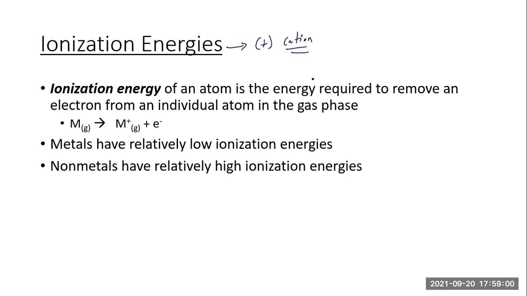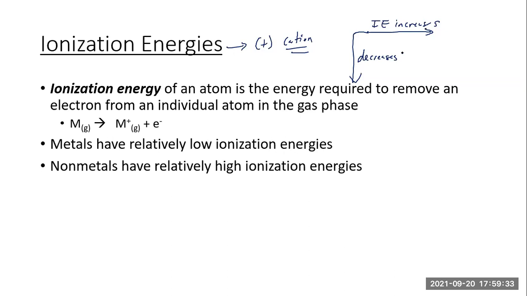As you go up and right on the periodic table, the ionization energy increases. As you go down and left, it decreases. That means up and to the right, it takes a lot of energy to remove electrons, which typically doesn't happen. Left and down doesn't take a lot of energy to remove electrons, and that does typically happen.